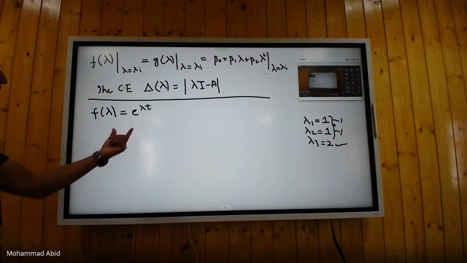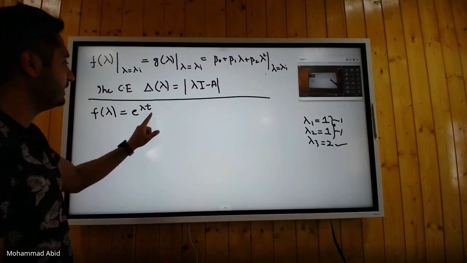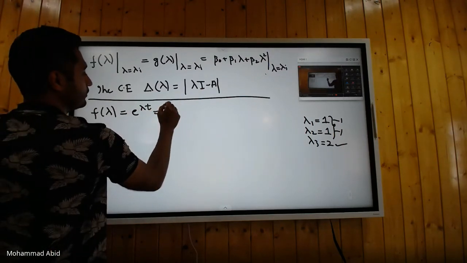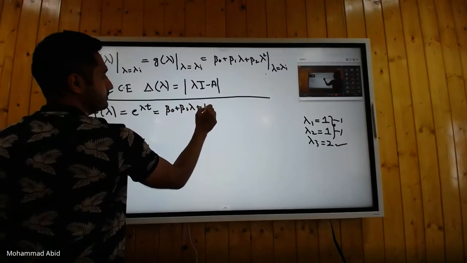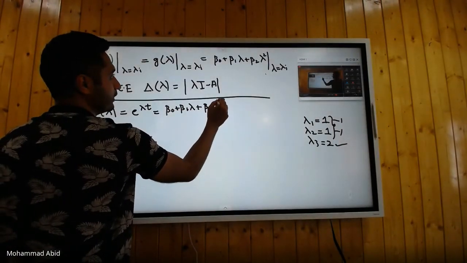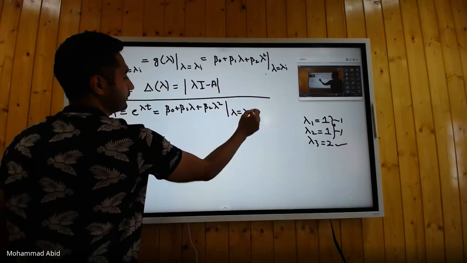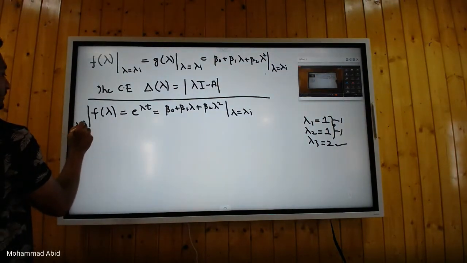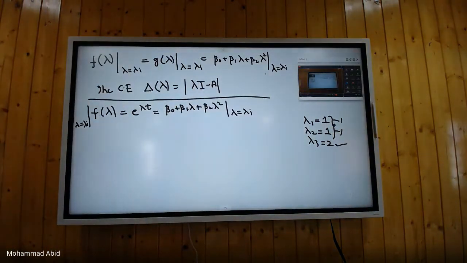Because हमारा aim क्या है? To evaluate e to the power At, but in scalar domain it will be e to the power lambda t. We are replacing A by lambda. That is equal to beta naught plus beta 1 lambda plus beta 2 lambda square, and this all has to be evaluated at lambda equal to lambda i, where lambda i's are 1, 1 and 2. Okay.